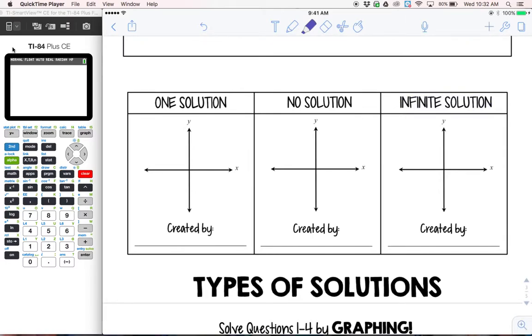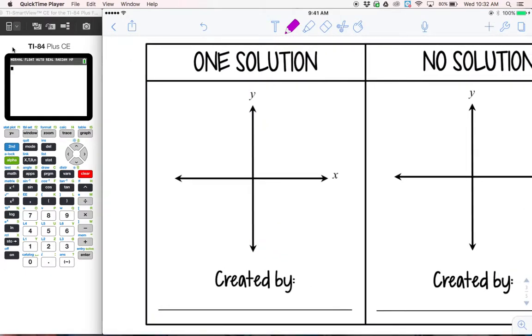So let me talk about how this looks. If you get one solution, they are created by intersecting lines. And they don't have to intersect in a special way, they just intersect. They just cross somewhere.